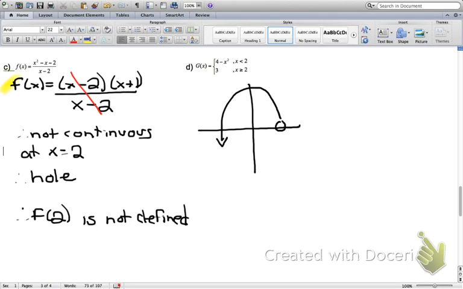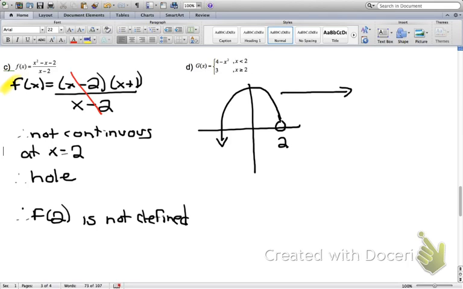So this right here would be our value of 2. And when x is greater than or equal to 2, we have a value of 3. So we would have our whole function here looking similar to this.